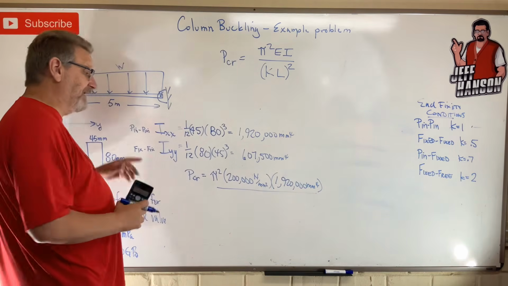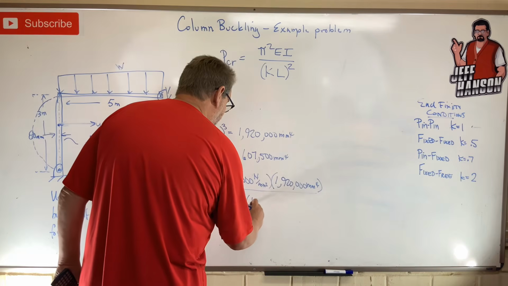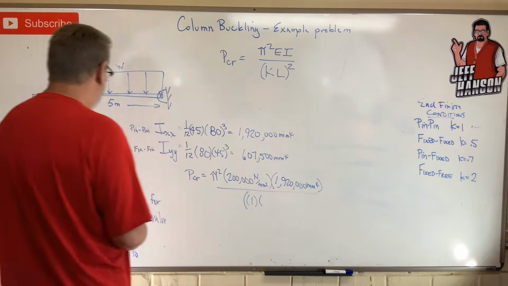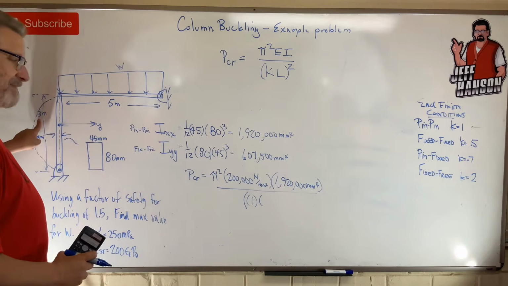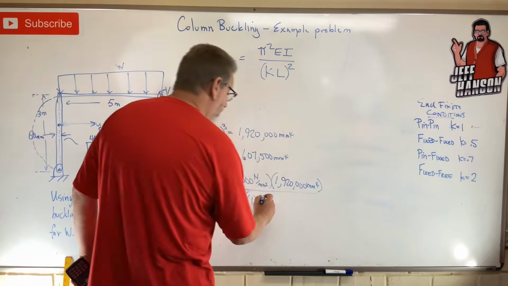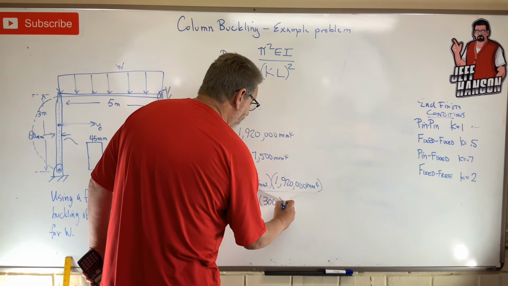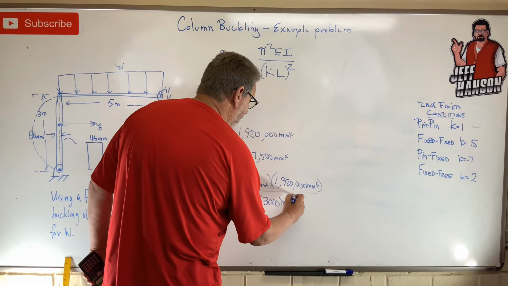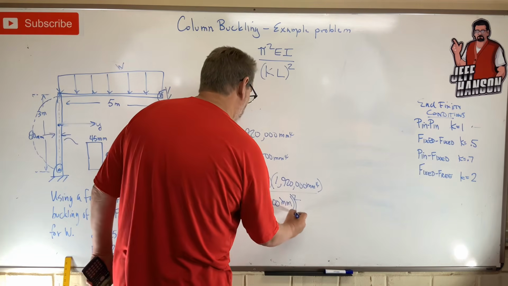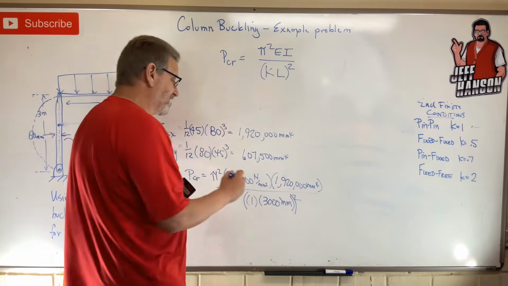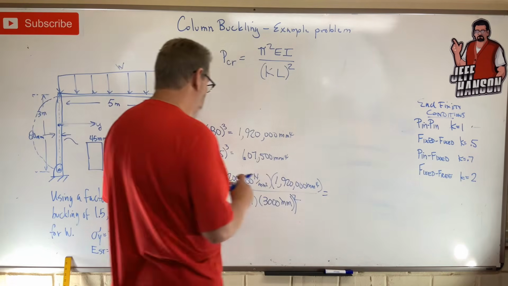For pin, it's 1, times the length, the unsupported length of the beam, which is 3 meters, which we're going to call 3,000 millimeters, okay? And then we're going to square that whole thing, okay?